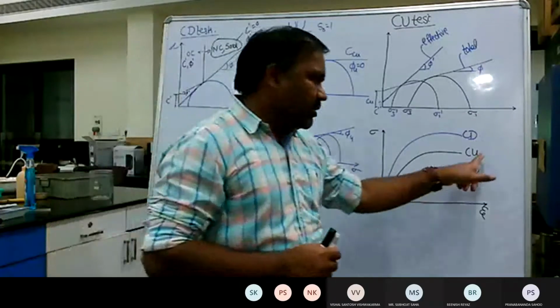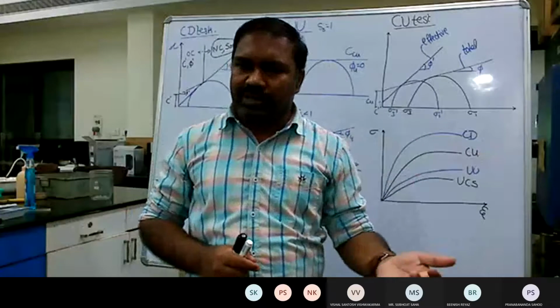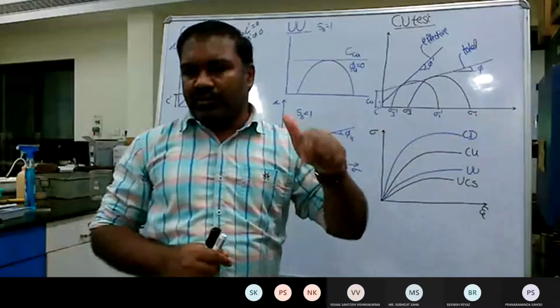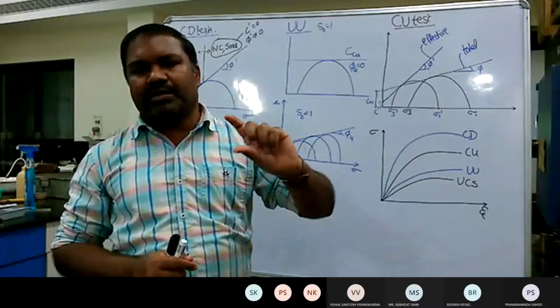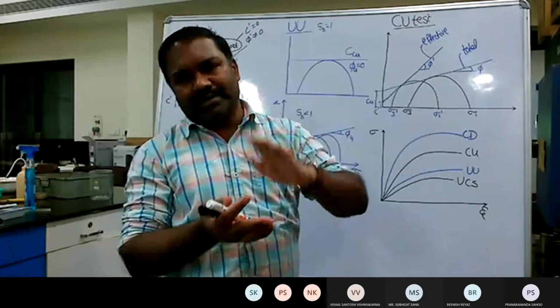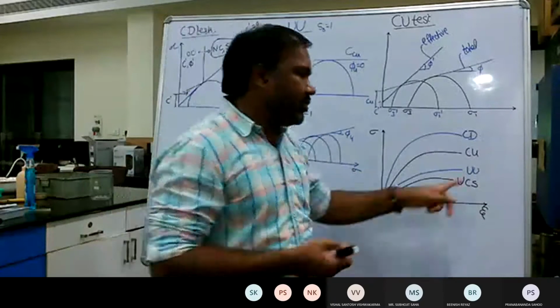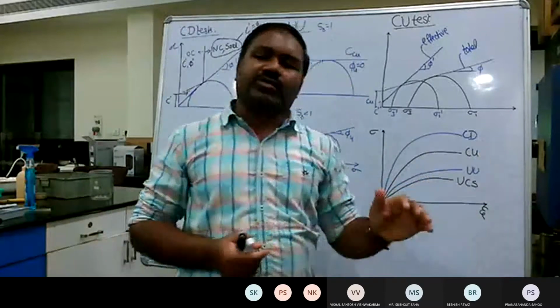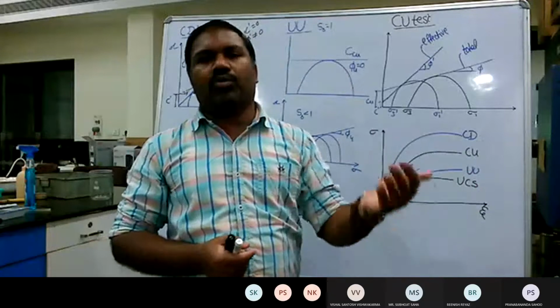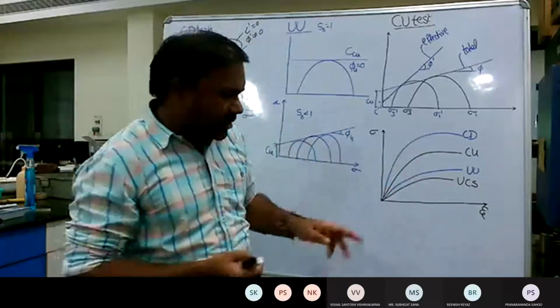In UU condition, there is a development of pore water pressure. As a result, it can take a smaller amount of load because water can take lesser load than the soil particles. In the CU test, as you are dissipating some amount of the excess pore water pressure, more load can be borne by the soil particles.